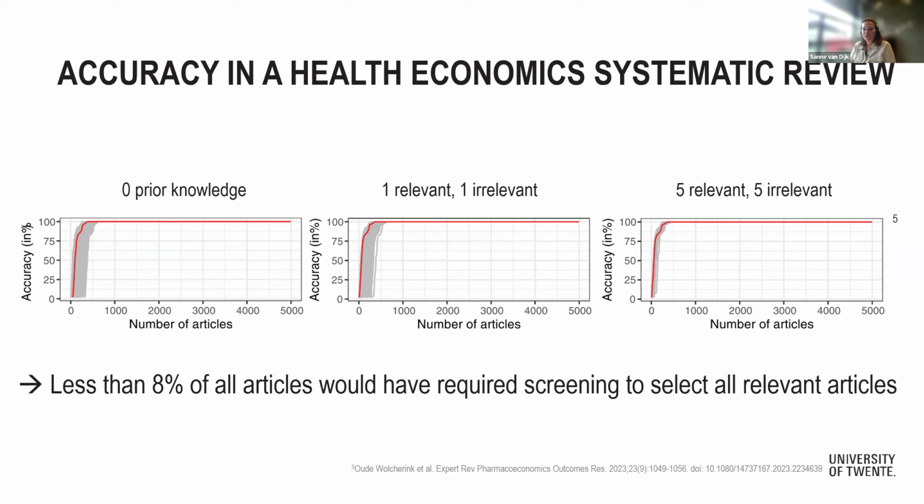So being a researcher in this loop, and not knowing when exactly all relevant articles are identified, it's quite helpful for you to have some guidance on when to stop your screening. Otherwise, you go on and on until you have eventually screened all 5,000 articles, and that's not what we desire.